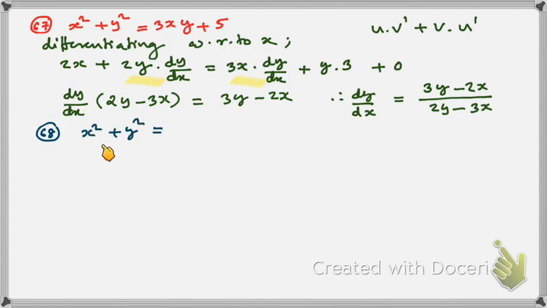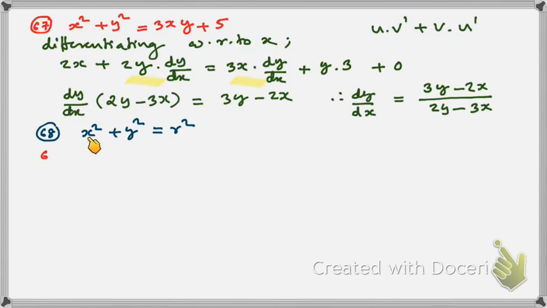So this is the question for you to try. You should pause the video and try to do it. When you differentiate this, you should realize that this r is a constant. So the derivative will be 0. So first of all, is it implicit? How do we identify? Yes, it is not written as y is equal to f of x.